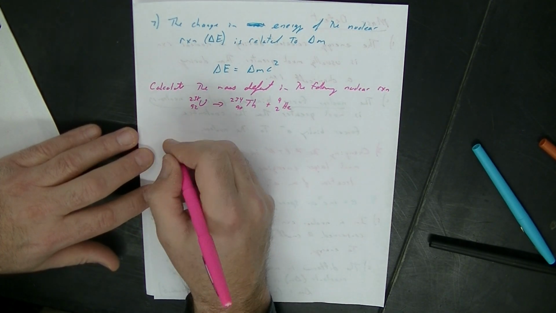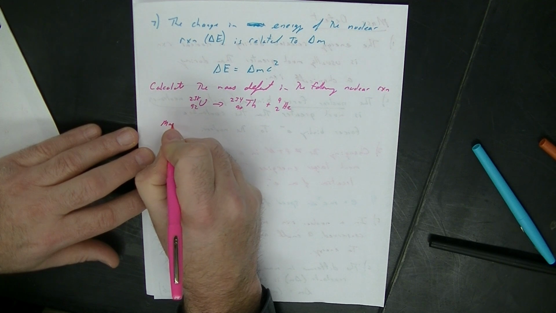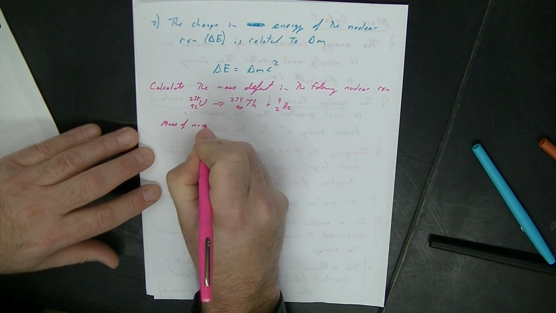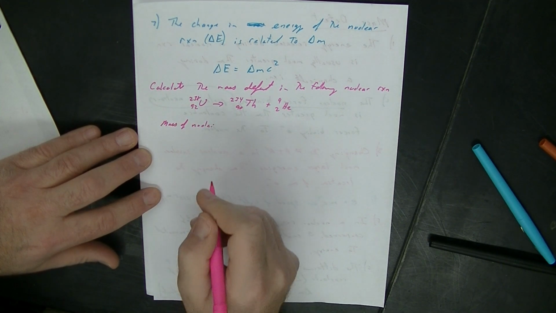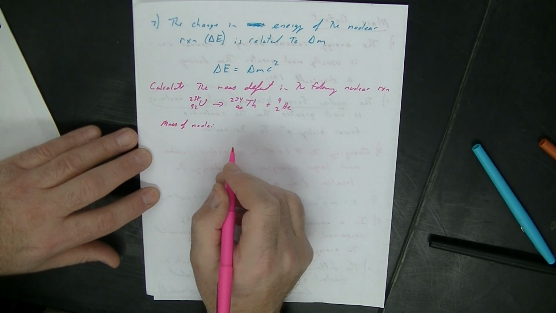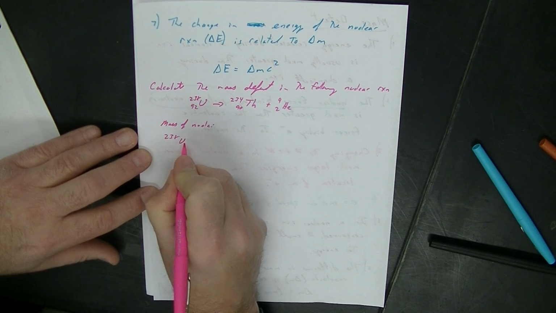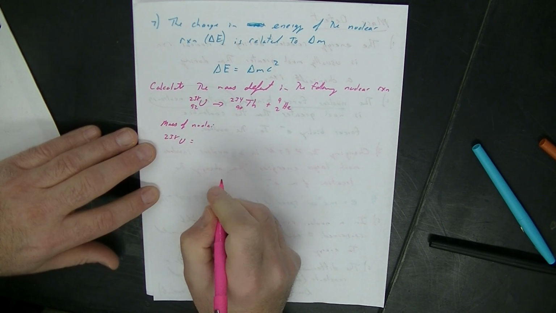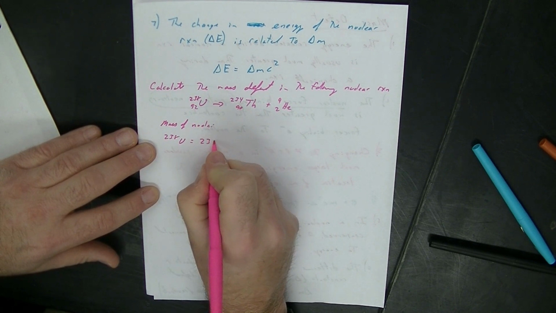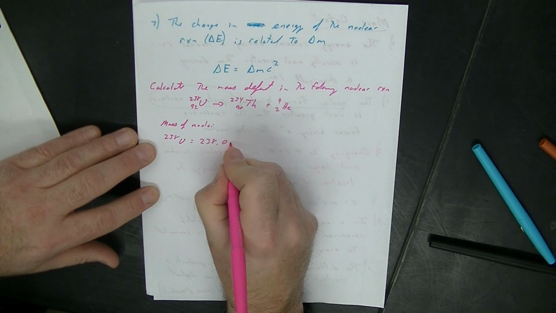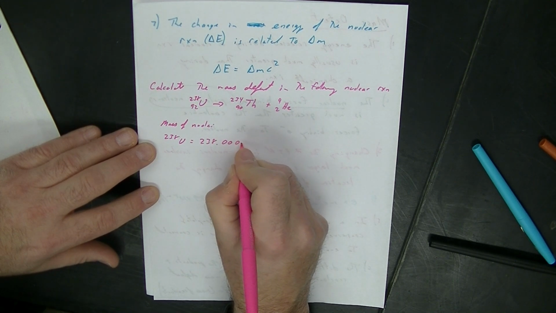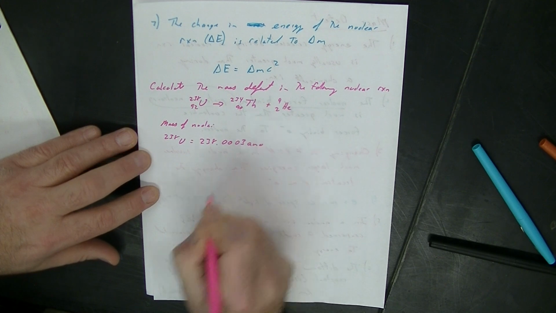Uranium-238 has an atomic mass of 238.0003 AMUs.